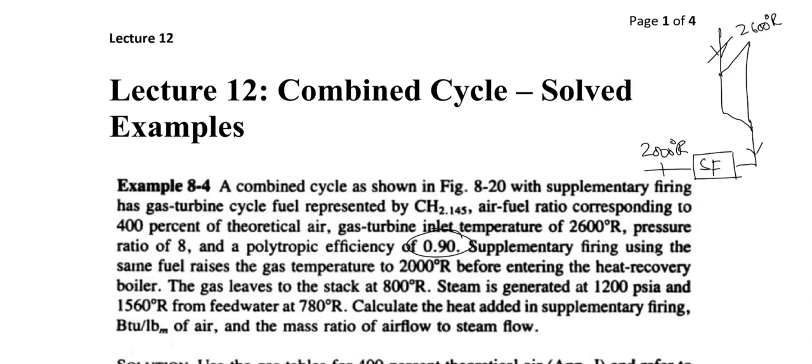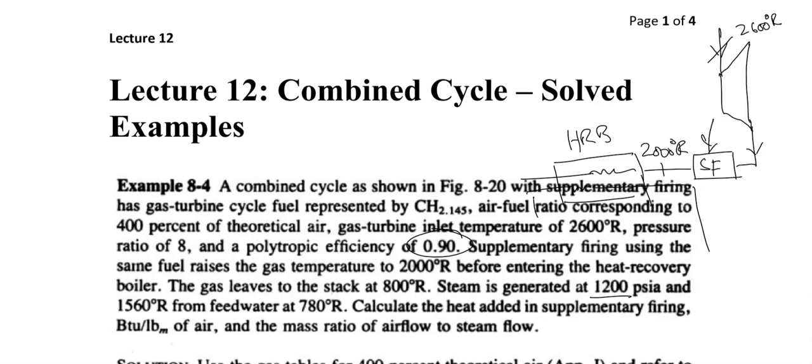After supplementary firing, it enters the heat recovery boiler, which is the HRB. From the HRB, it is further added into a steam cycle for the generation of steam, which is generated at 1200 psi and 1560 degrees Rankine from feed water, which at the inlet is 780 degrees Rankine.